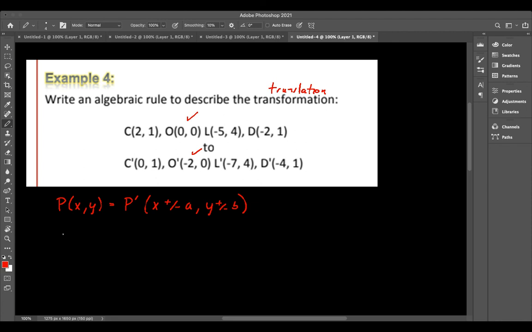So we'd have O, and then we know O is going to be minus 2. And then the other one is going to be O minus O. So basically, we're looking at this here.